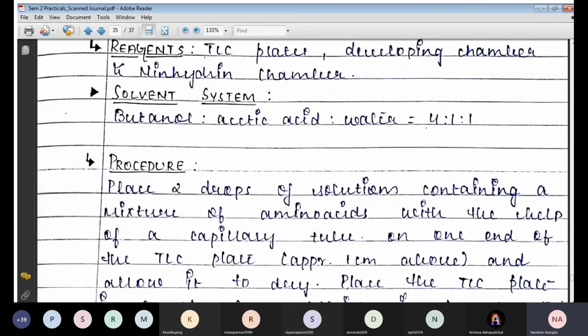Yes ma'am, because in our fingertips there are also proteins or amino acids present. Almost the same, ma'am, because the ninhydrin test is usually performed to detect amino acids. Fingertips also have proteins and amino acids, and due to their presence, the ninhydrin solution colors our fingers.